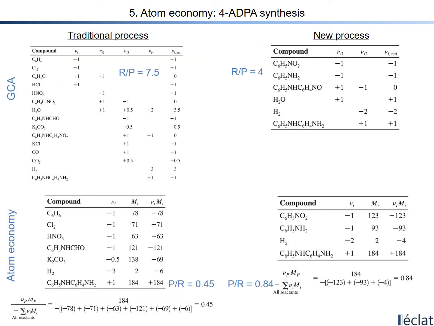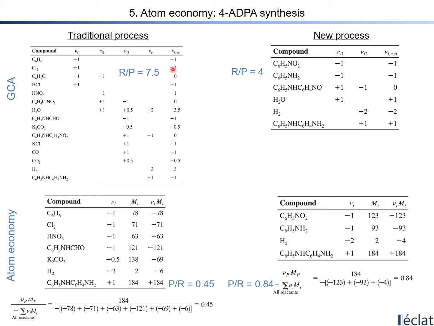Here is the calculation. Here are the tables for calculation, traditional process and new process. First I'd like to use GCA. This is the stoichiometric coefficient table. In the first column, I have listed all compounds involved in the 4 reactions in the traditional process. Because we have 4 reactions, there are 4 columns, and then we fill out the stoichiometric coefficients.